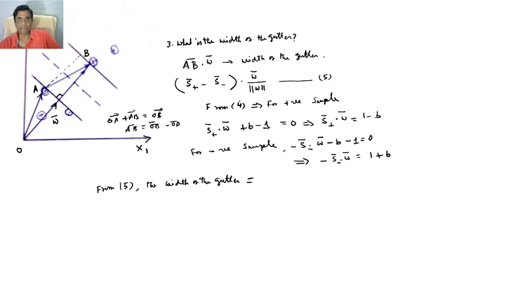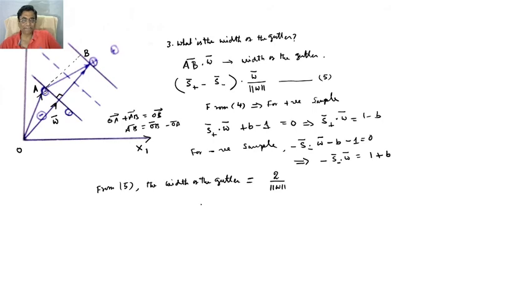So the expression 5 becomes 2 divided by the norm of w. The width of the gutter equals this. Now we are in a position to formulate our objective function, right?